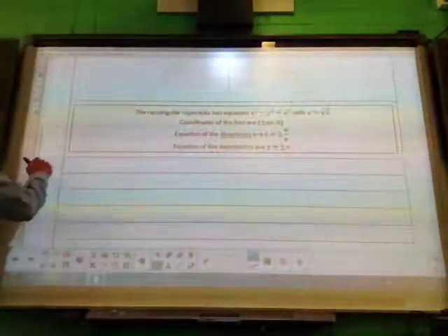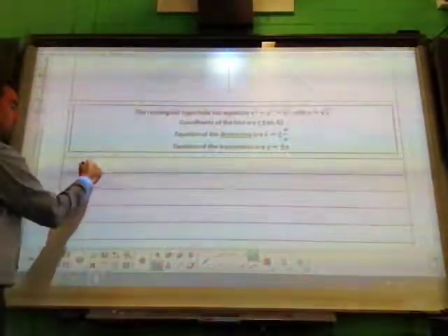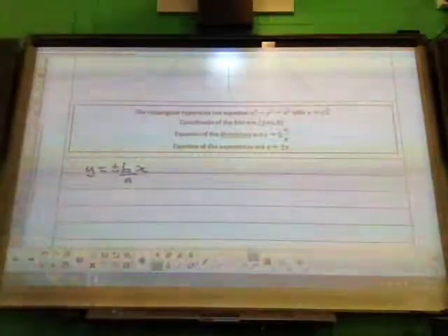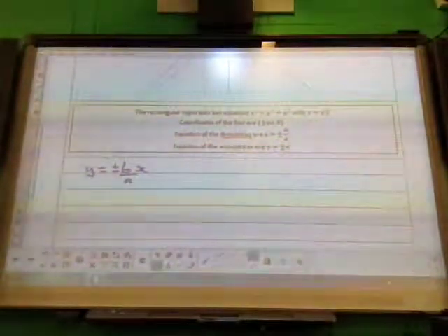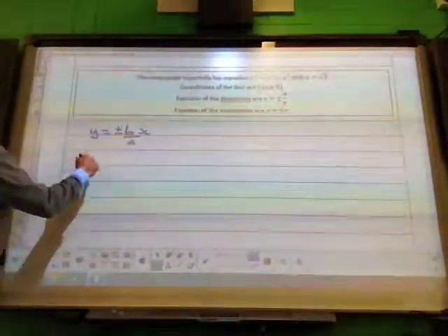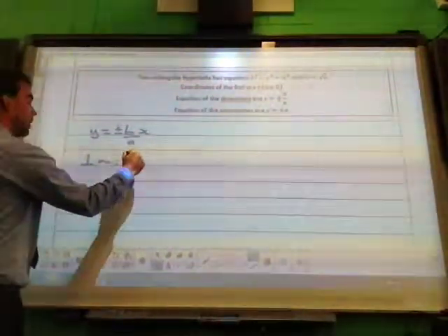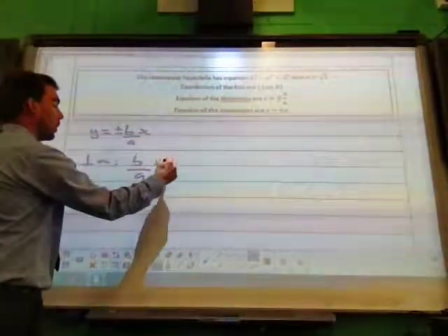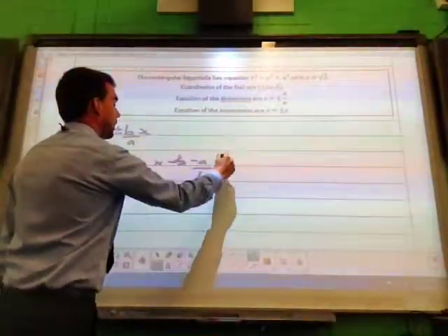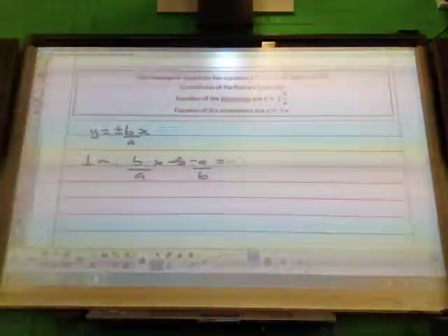Alright, because we know the gradient of any general hyperbola, the equation of the asymptotes of that. Okay, so for them to be perpendicular, so B on A times negative A on B must equal -1. Alright, so the reciprocal.